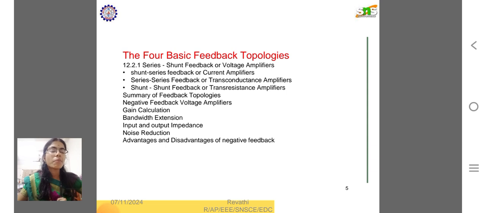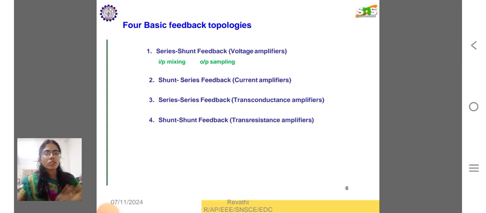The four basic feedback topologies are shunt series feedback or current amplifier, series feedback or transconductance amplifier, and shunt feedback or transresistance amplifier. Negative feedback voltage amplifiers involve gain calculation, bandwidth extension, input and output impedance, and noise reduction, and advantages and disadvantages are also present.